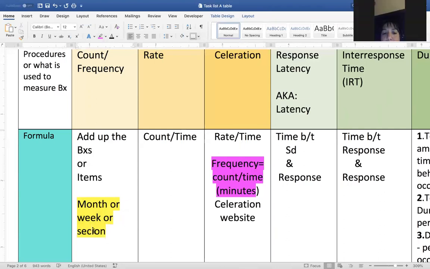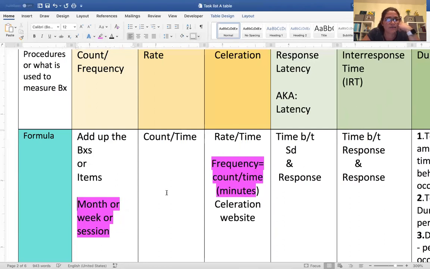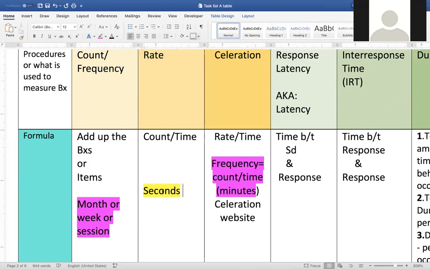Okay, because I want to highlight it pink. And the other one was minute, second, hour. Okay, highlight it pink.